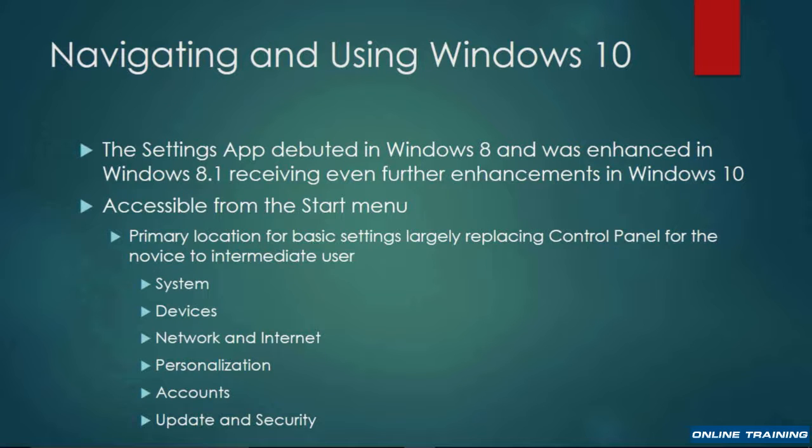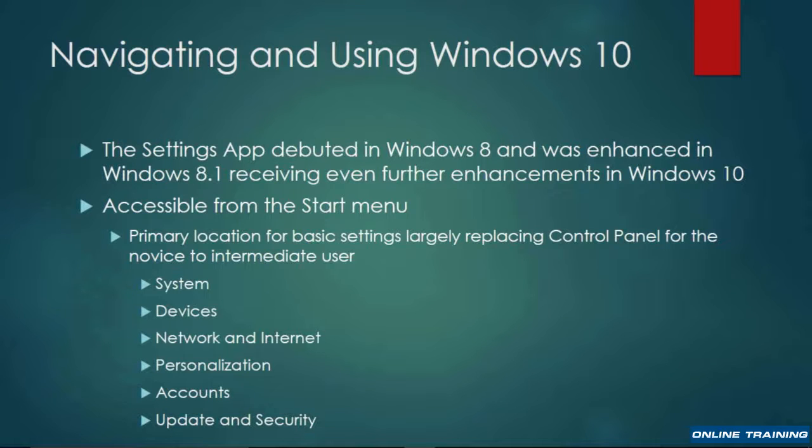So I believe I said before, it has largely replaced Control Panel, at least for the novice or intermediate user. Control Panel still exists. IT individuals like yourself are probably going to utilize Control Panel and the administrative tools. They're behind the scenes, but they're still there. But for your novice, your intermediate user, Settings is going to be the place to go.